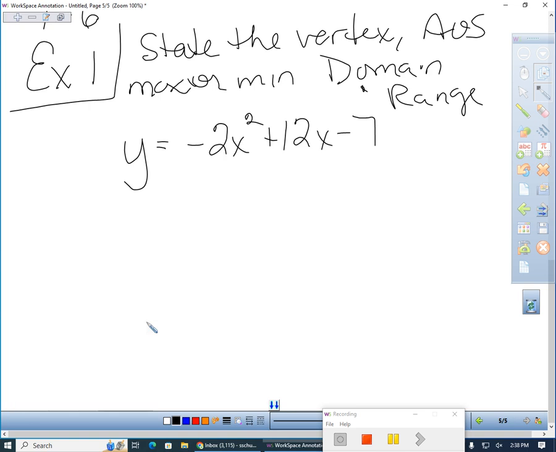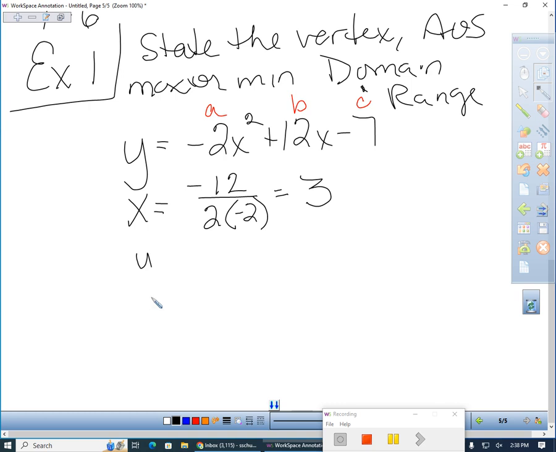So to find my vertex, I want to again remind you, this is A, this is B, and this is C. So x equals negative b, which is 12, over 2 times a, which is negative 2. Negative 12 divided by negative 4 is 3. So the x value of my vertex is 3.